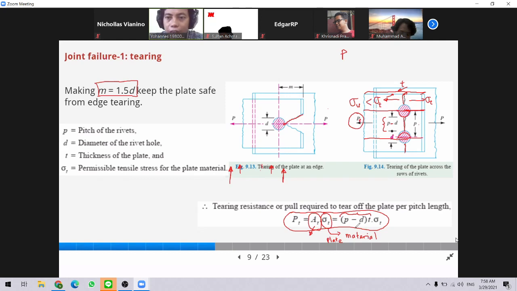So if in this line, in this column, the number of rivets is 100, then we have to multiply this PT with the number of rivets to have the total load working on the joint.